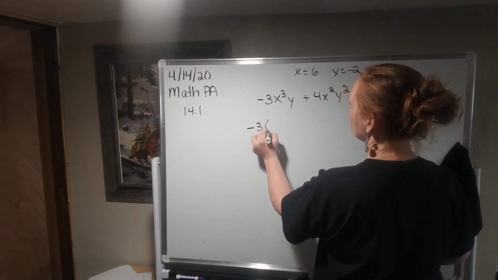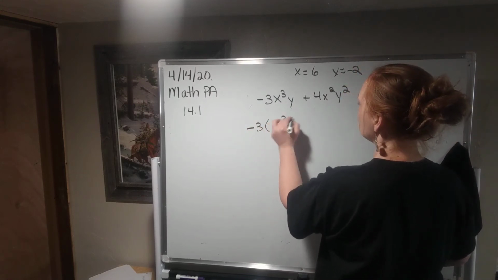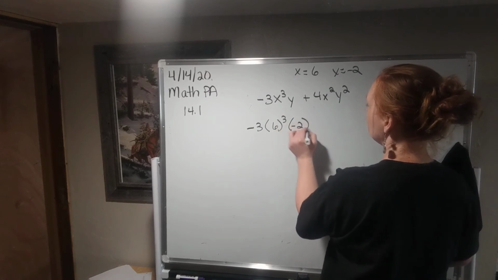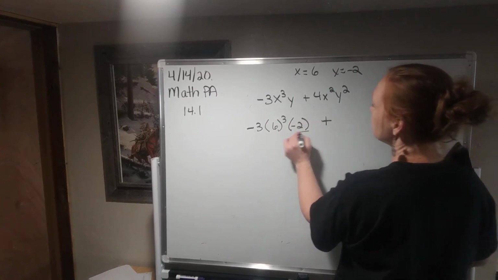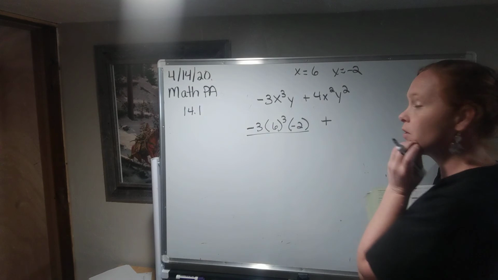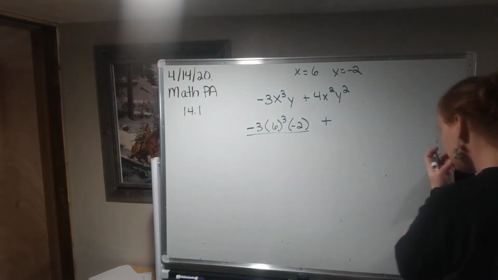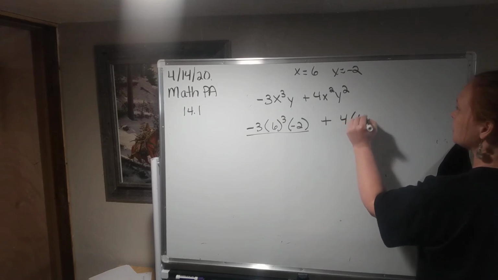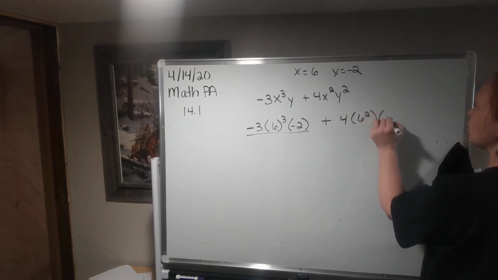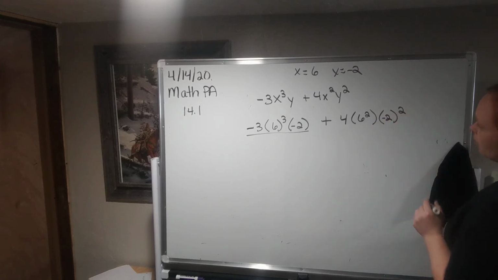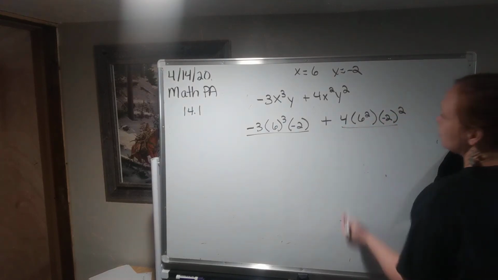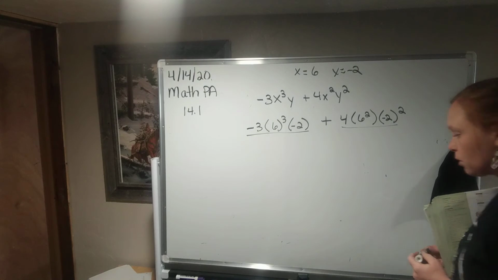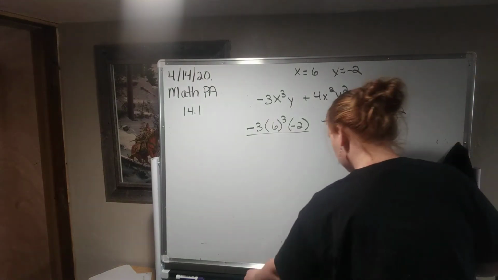Negative 3, 6 cubed, negative 2, plus, notice how I need to solve all of these, right? Order of operations, before I combine it with this one. 4 times 6 squared, negative 2 squared. So now we just need to think about order of operations when we solve these problems.